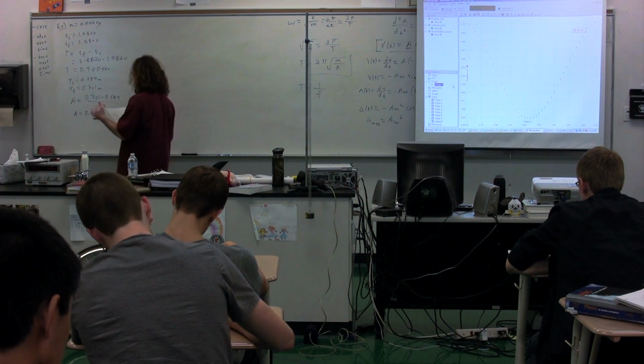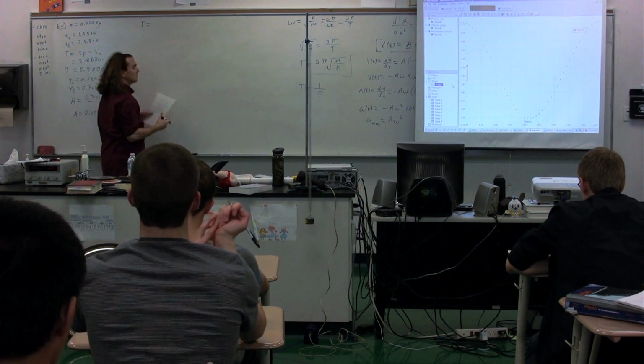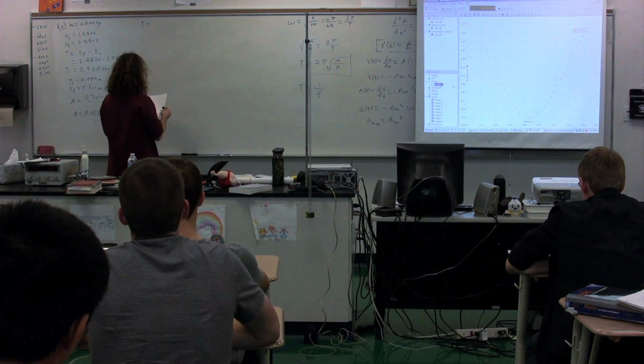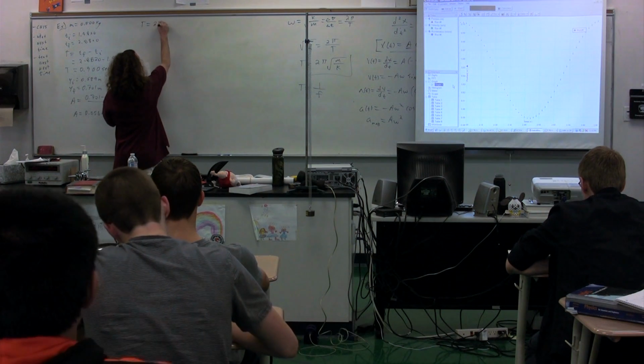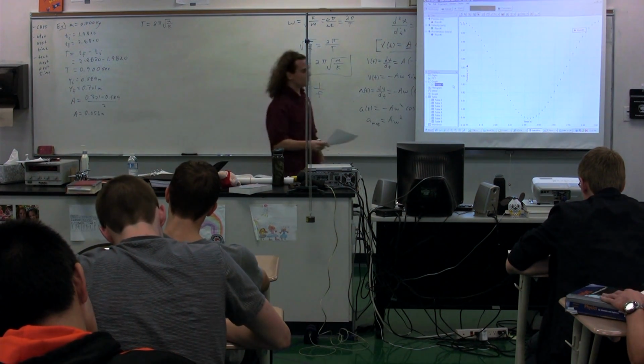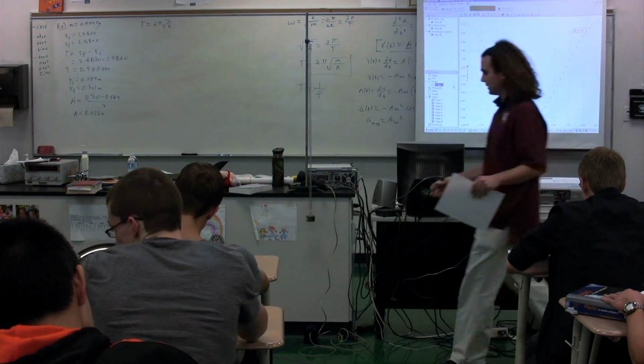Okay. We can now use the period to figure out the spring constant. The period equals 2 pi times the square root of m over k. We have the mass of the object. We have the period. We can solve for the spring constant.